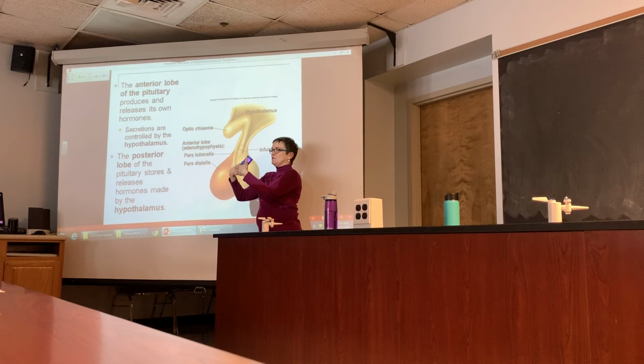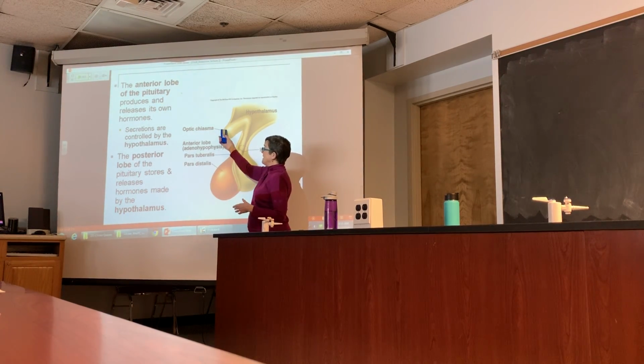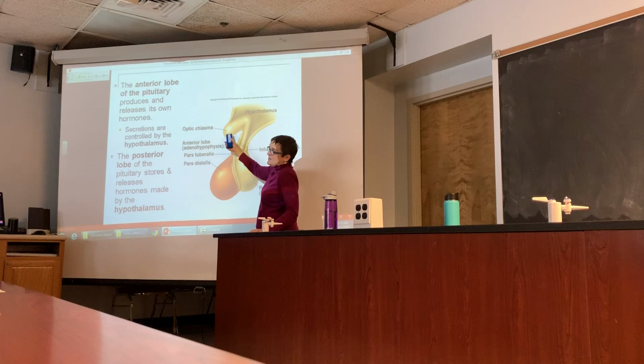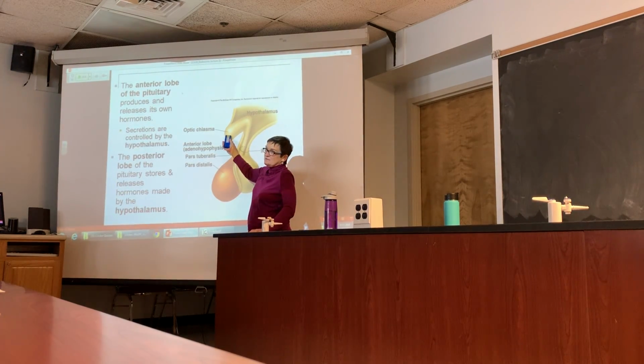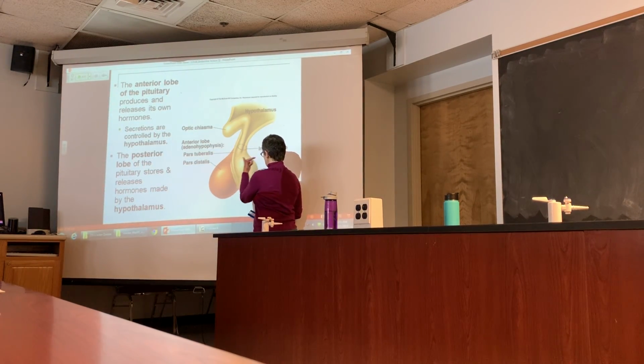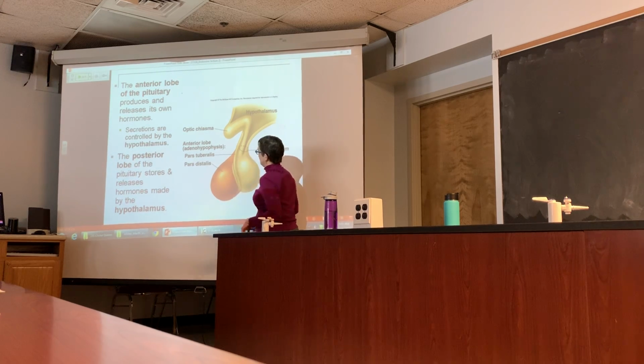The optic chiasma looks like an X there at the base of the brain. The optic nerve joins the optic chiasma, and then some of the nerve fibers cross over, forming the optic tract. That's the optic chiasma, and it's right in front of the pituitary. It's right anterior. So if you're not sure which side you're looking at, look for the optic chiasma if it's in the picture, and then you'll know you're on the anterior side. So this is the anterior lobe, this is the posterior lobe. The person would be facing this way because that's the anterior side.